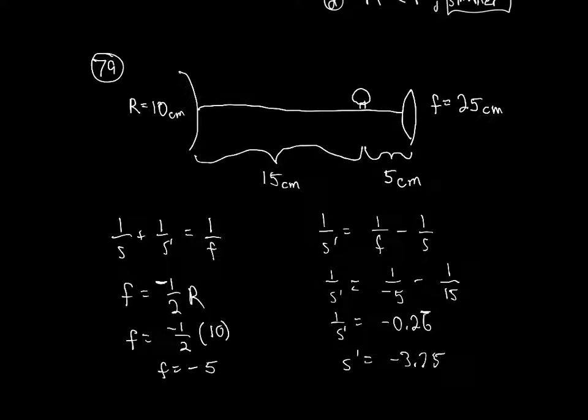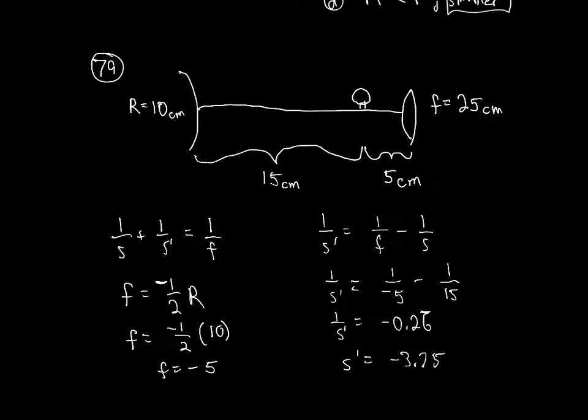What does the negative mean for image distance for a mirror? The way I think about this, it works for me. If I'm looking in a mirror, I expect my image to be formed on the same side of the mirror, right? It reflects back at me. If I'm getting a negative image distance, that means my image is forming on the side of the mirror that I don't expect it to be on. So my image is forming on the opposite side of the mirror, behind the mirror. So my image is going to form over here, and I can draw that in.